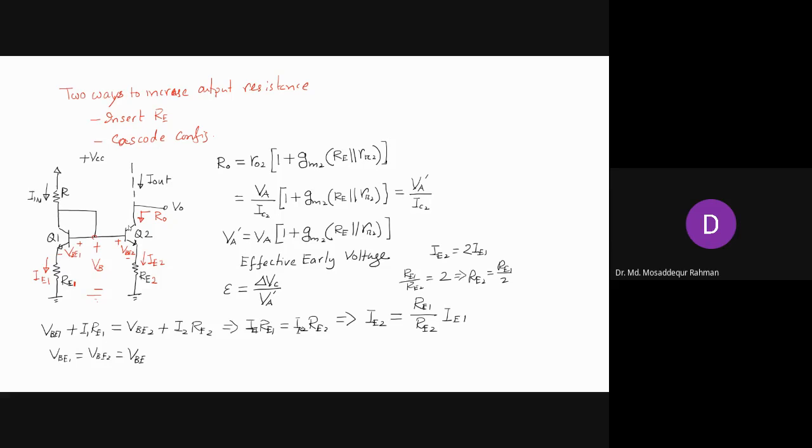The transistors are already built, they are finished products, and you cannot change the size of the transistor. But by incorporating the resistances and adjusting their ratio, you can adjust the output current. So this is very useful when using this current mirror in discrete circuits.